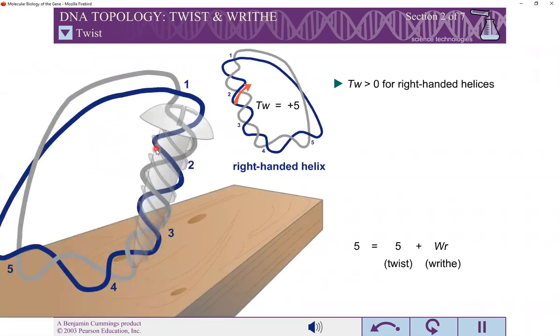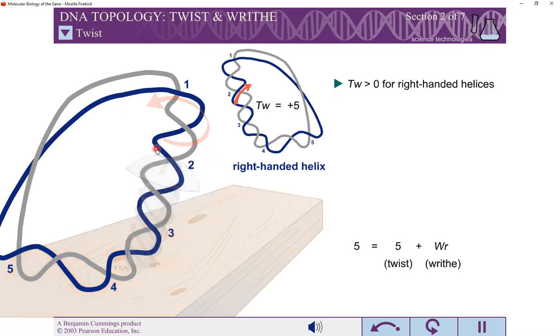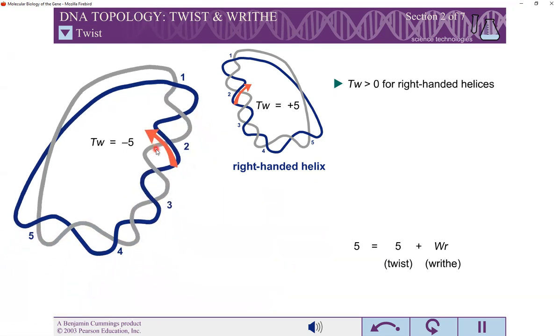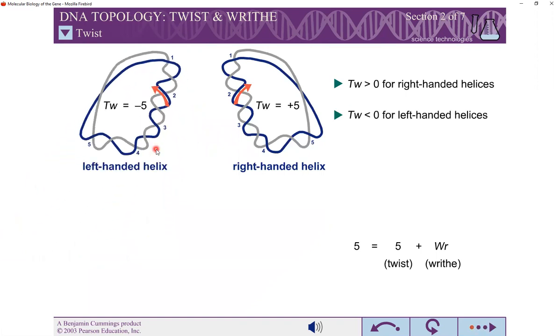If the twists form a left-handed helix, as can occur under special circumstances, they are given a negative twist number. You would have to twist a left-handed screw to the left, counterclockwise, to screw it into a board. Also, in a left-handed helix, the strand in front at a cross point is pointed up to the left. So here you can find that this is the left-handed helix and this is the right-handed helix.